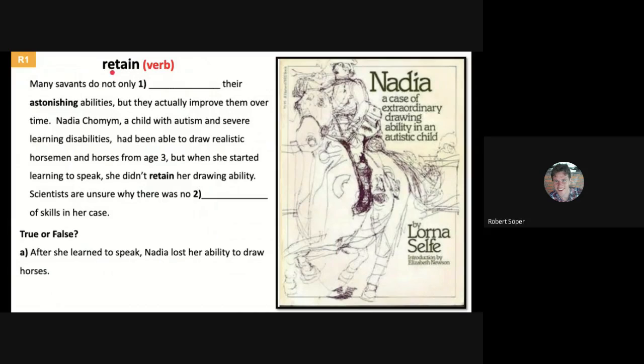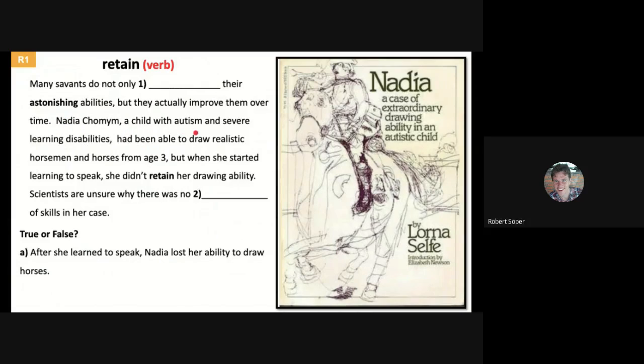So the base form is retain. So "do not retain". The word "only" could be ignored there. All you had to do was look at that "do not", and you should have known it should have been the verb, the base verb retain. So many savants do not only retain their astonishing abilities, but they actually improve them over time.